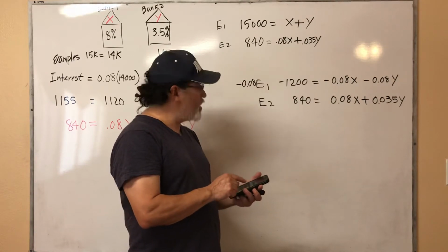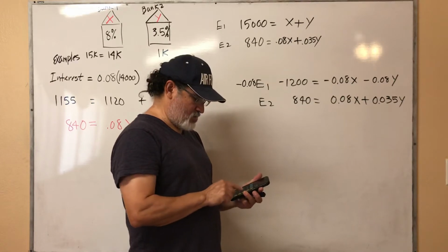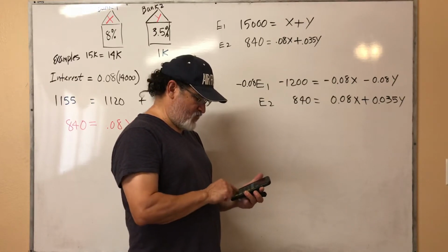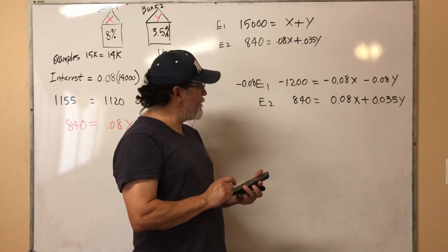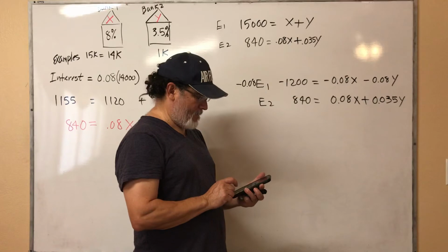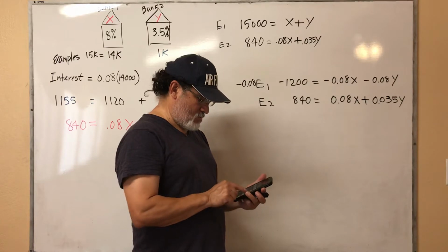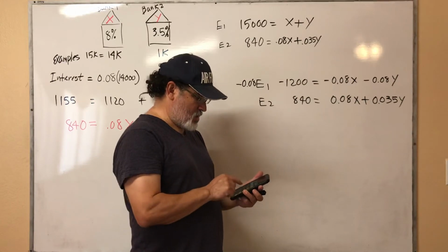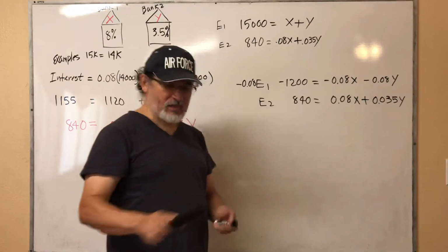I'm gonna do it again. Okay, 1200 minus 840. Hmm. 360.